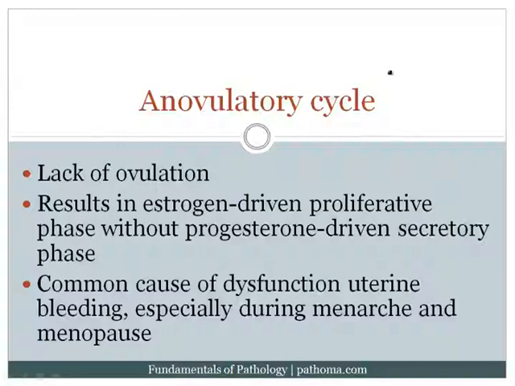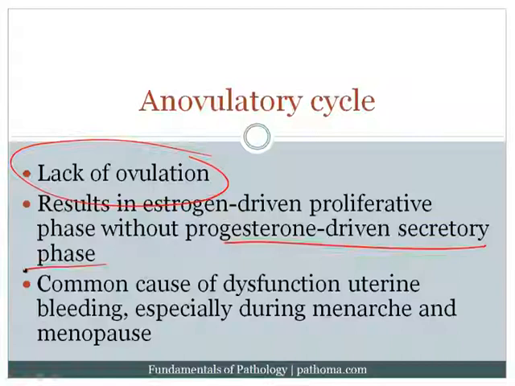And so in an anovulatory cycle, there is a lack of ovulation. That lack of ovulation results in a lack of a progesterone-driven secretory phase, and then eventually the patients present with bleeding. And so the idea here is that you've got estrogen, it causes the endometrium to grow, and then you're supposed to have progesterone, which will prepare the endometrium, and then eventually, when it's withdrawn, will make the endometrium shed.